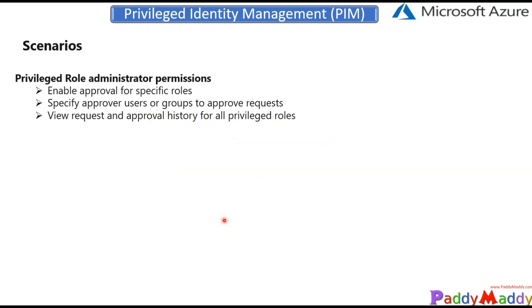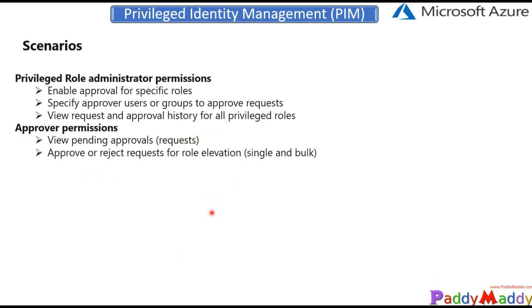Also, there is another permission called approver permission. When we talk about the approver permission, he can view all pending approvals, like requests, and he can approve or reject even a role elevation. Singular or bulk requests can be performed. Also, he can provide justification for his approvals or rejections.